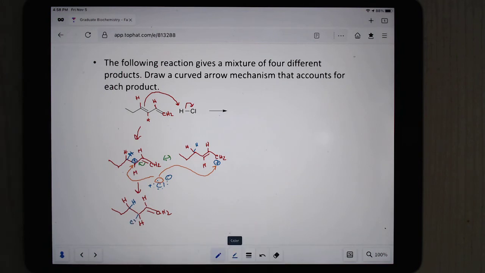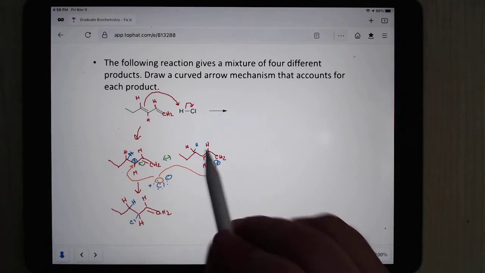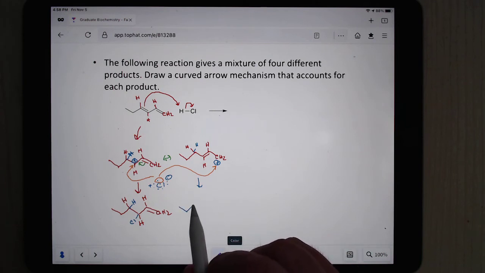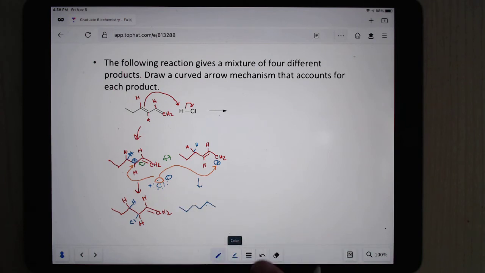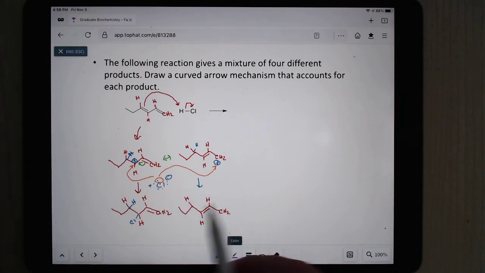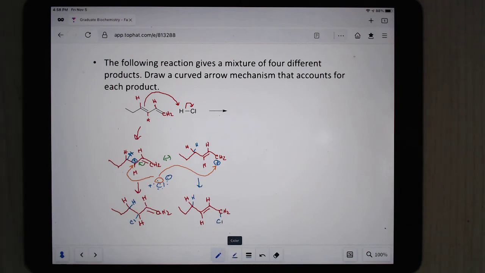There, Cl. If instead it attacks here, we're going to get, keep my colors consistent here. Add that there, and the chlorine is going to go there.